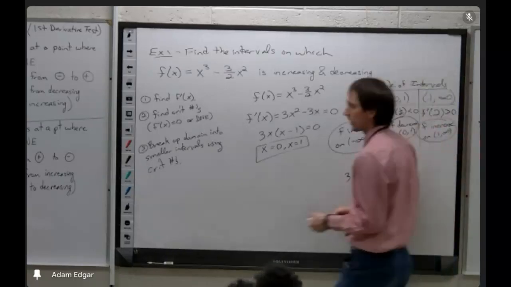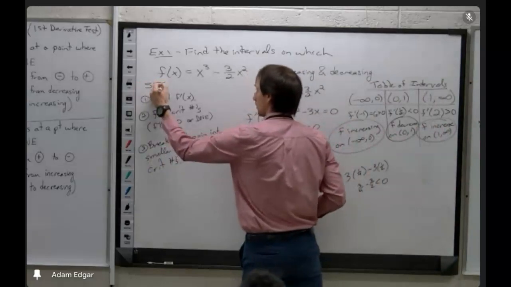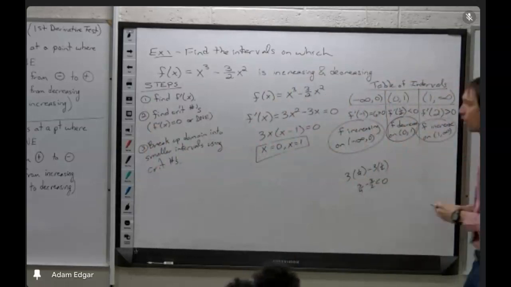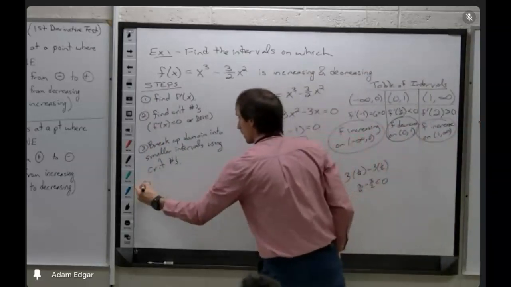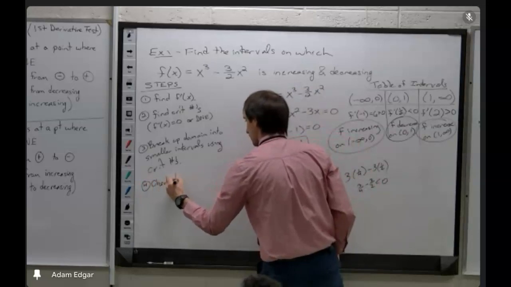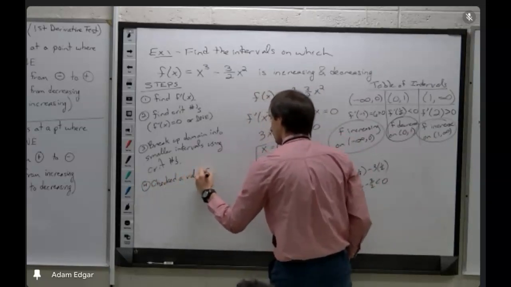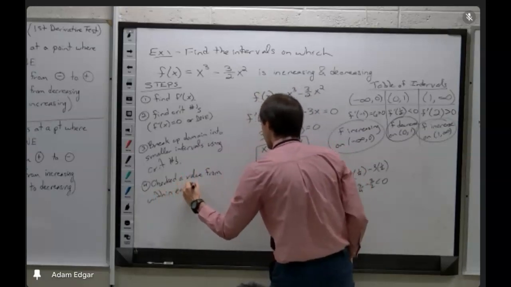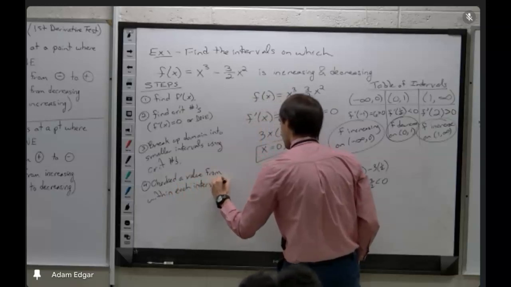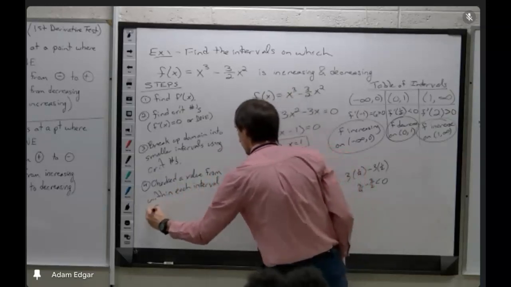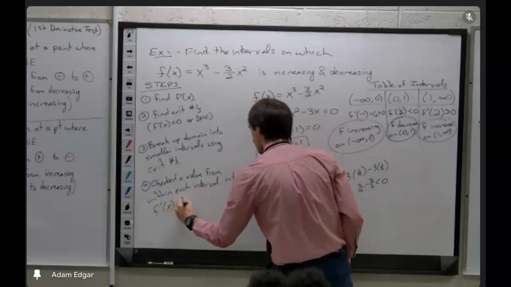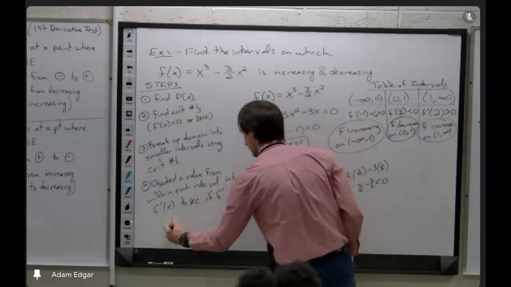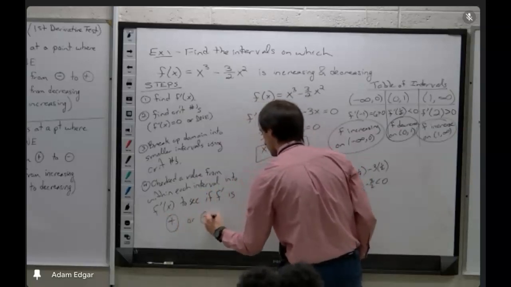So I guess to finish our steps, once you break the domain up into smaller intervals, what we did was check a value from within each interval, plugging it into f prime of x to see if f prime is positive or negative on that interval.